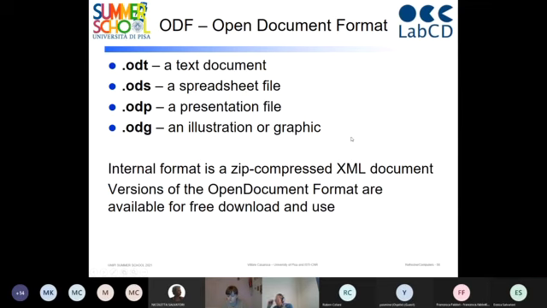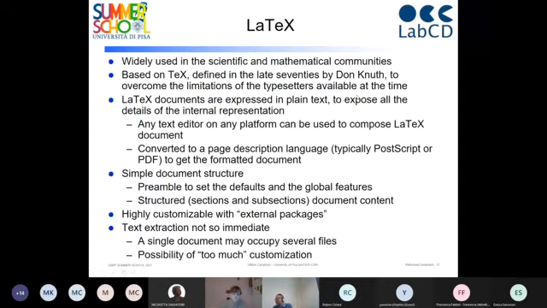And as I was saying, it is more and more becoming used as a free software replacement for Word, which is a proprietary program.